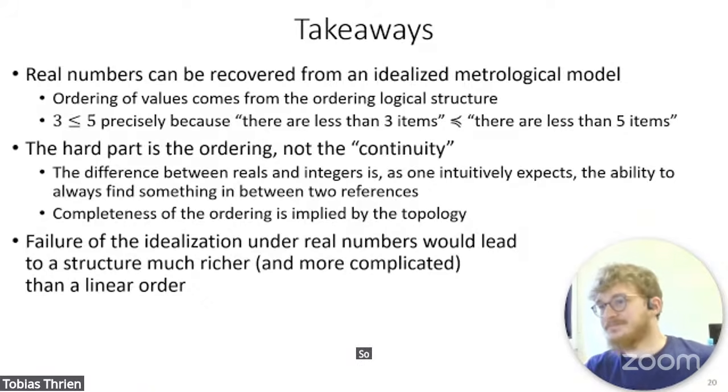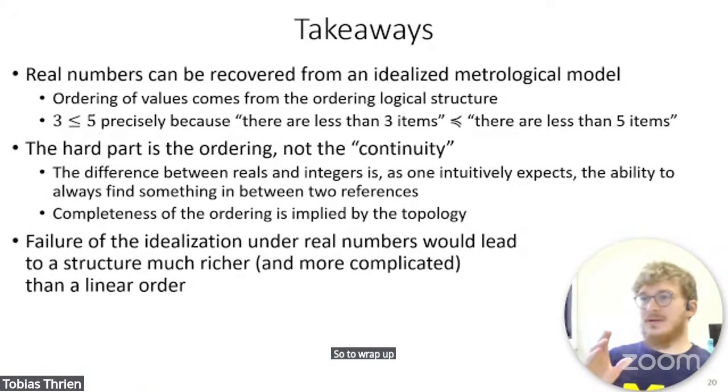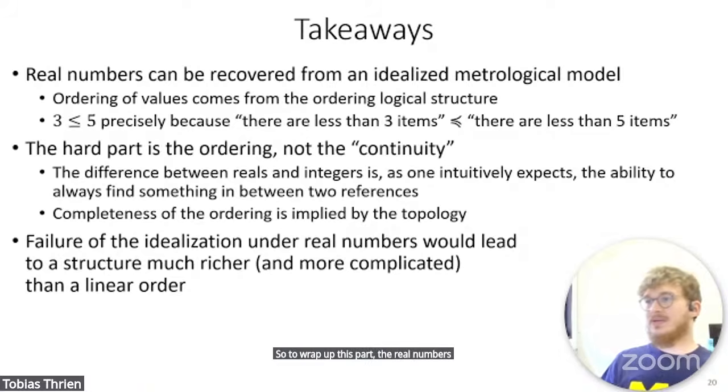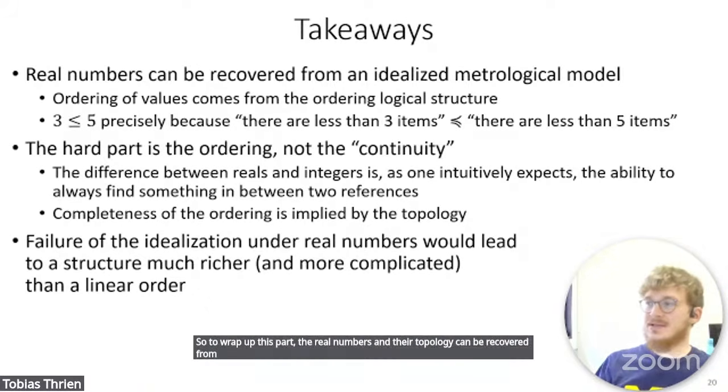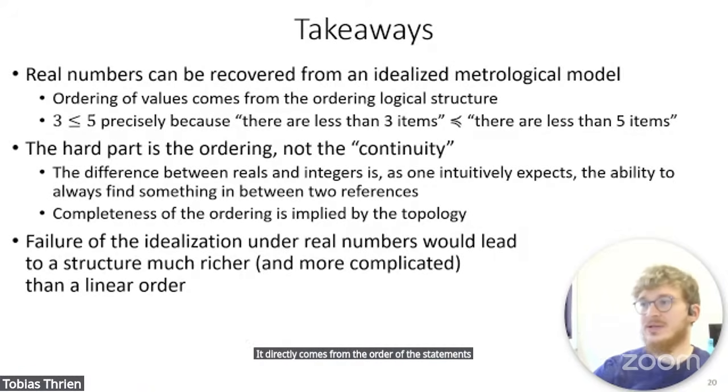So to wrap up this part, the real numbers and their topology can be recovered from an idealized metrological model. Really, the ordering directly comes from the order of the statements, basically implication.